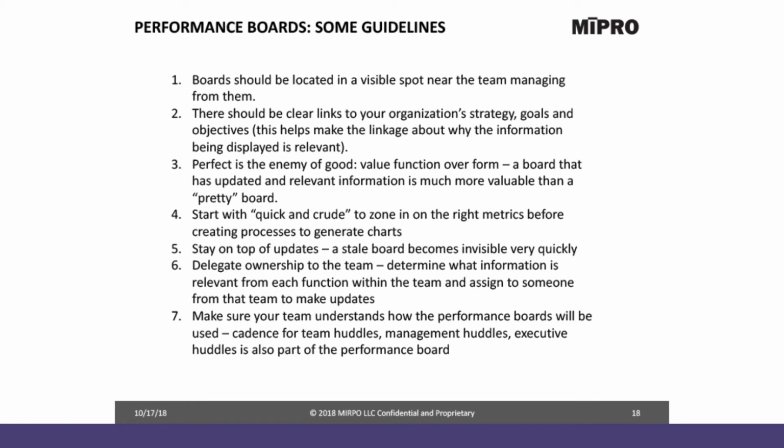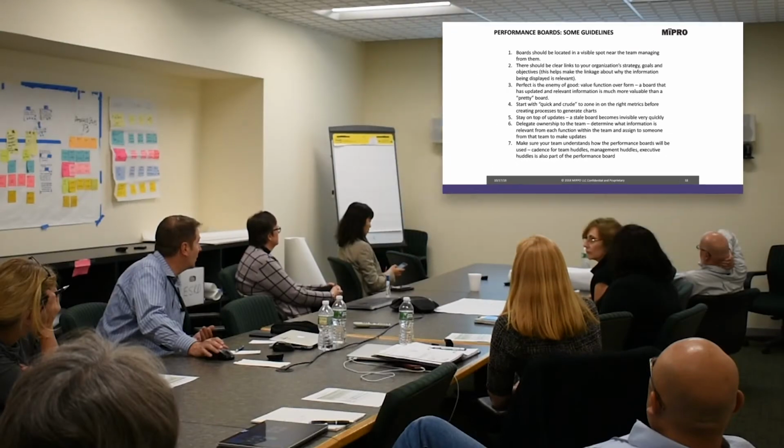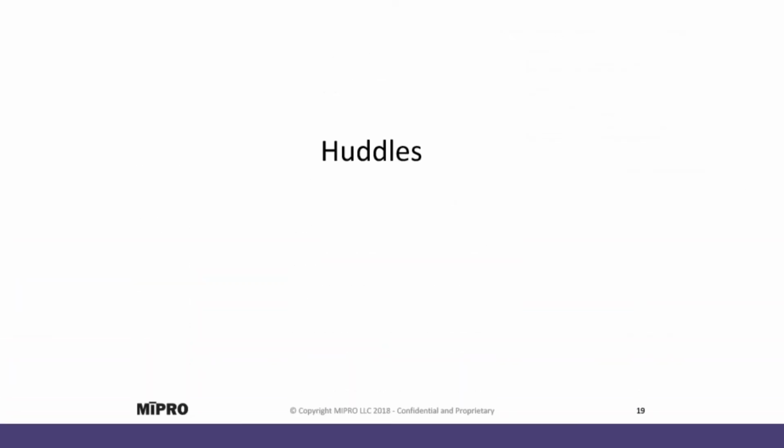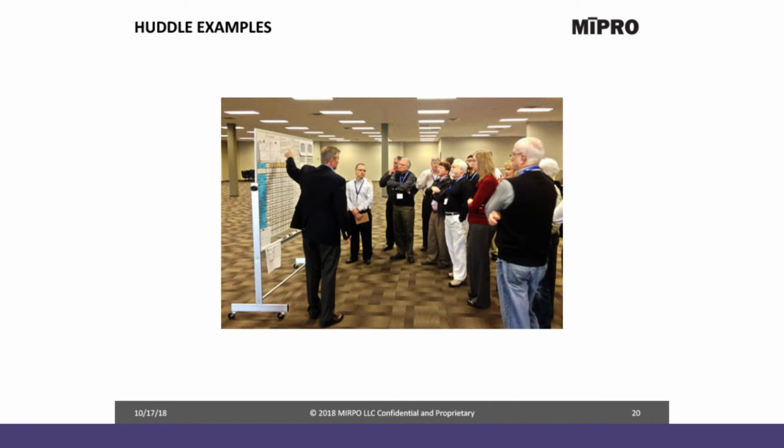Perfect is the enemy of good, so don't let perfection get in the way of trying. Start putting stuff on there and ignore the fact that it's going to be perfect. It should be rough to begin with. Quick and crude, keep updates, and then these boards are used in the huddle.